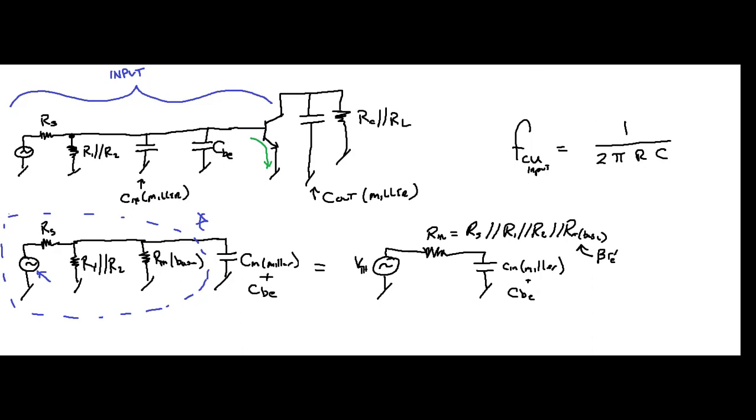Your R is right here, and this is the whole equation for R. Okay? And your capacitance is your input capacitance, and that's right here. That is your CN Miller plus CBC. All right, so that's your input. Got it?